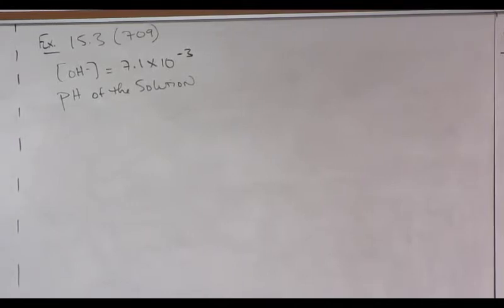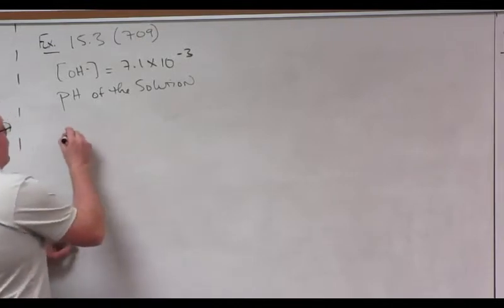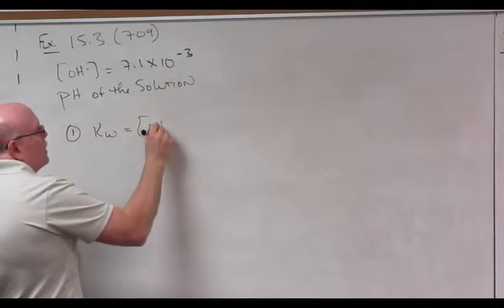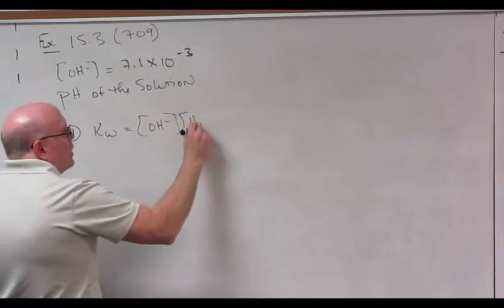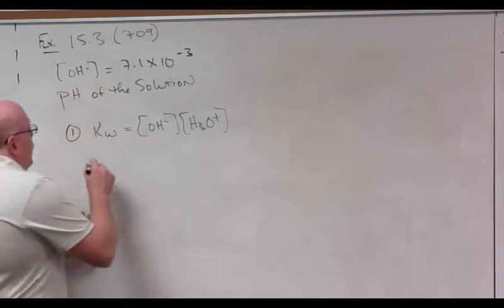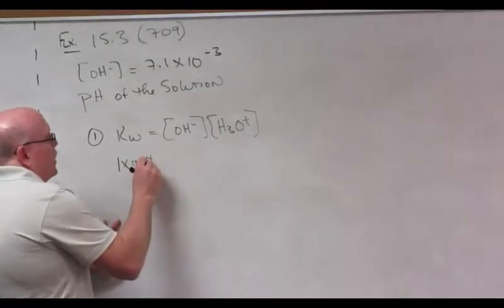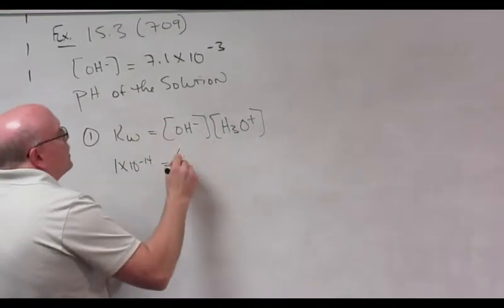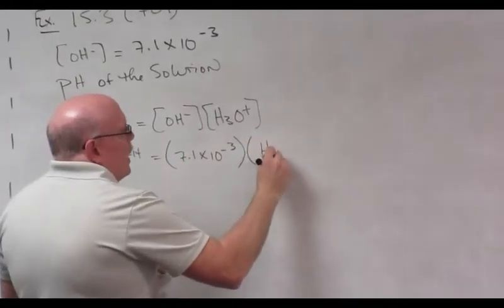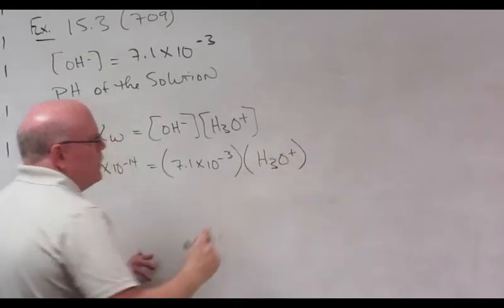So we're going to employ the first equation. It said that the autoprotolysis constant is these two multiplied by one another. So if I know Kw and I know hydroxide, I can find H3O+ directly. Kw is 1.0 times 10 to the minus 14, OH- is 7.1 times 10 to the minus third. H3O+ is our unknown.